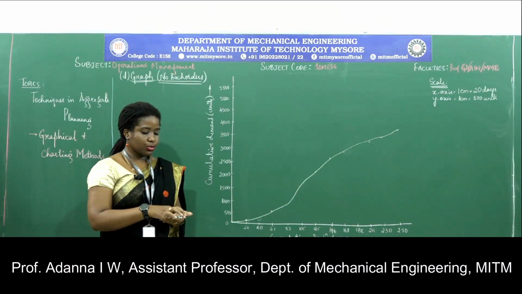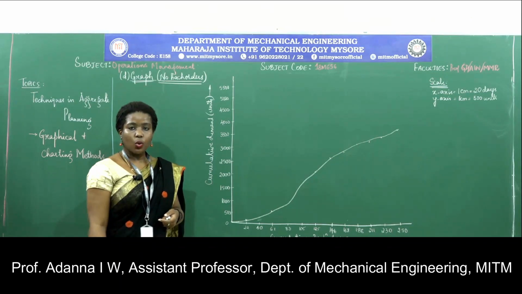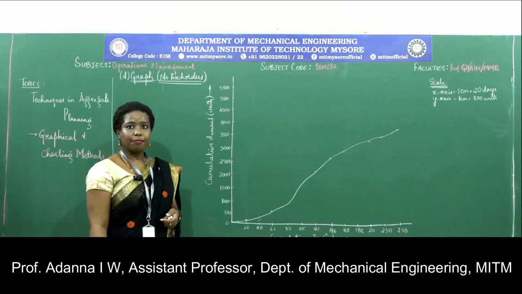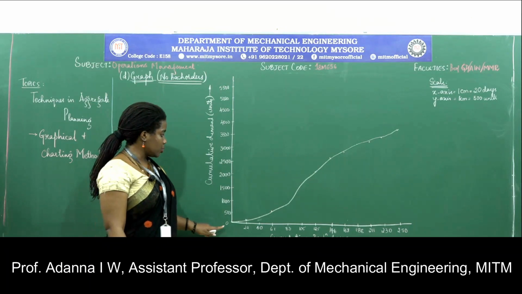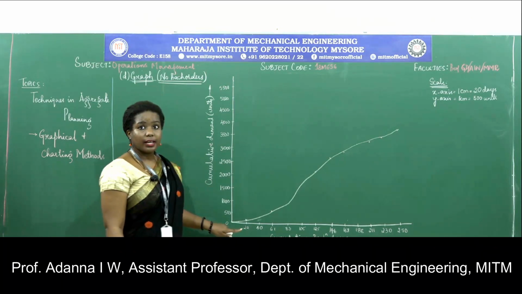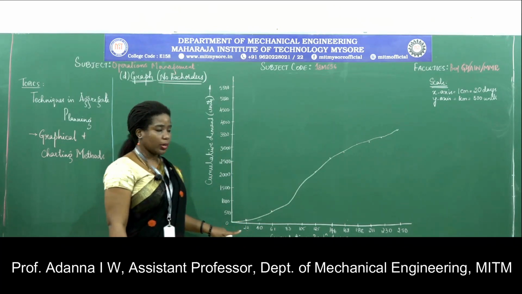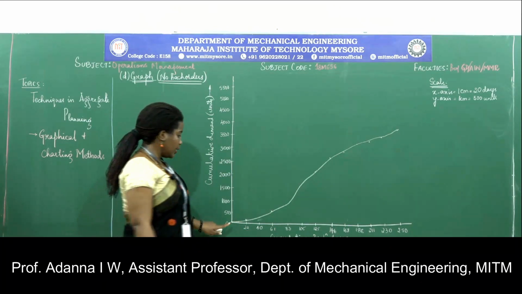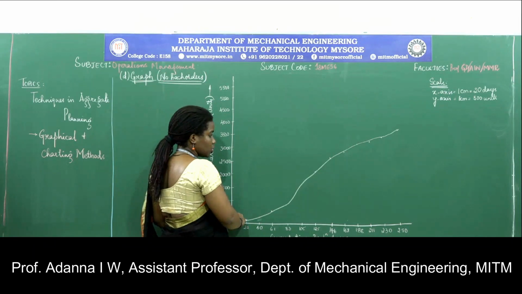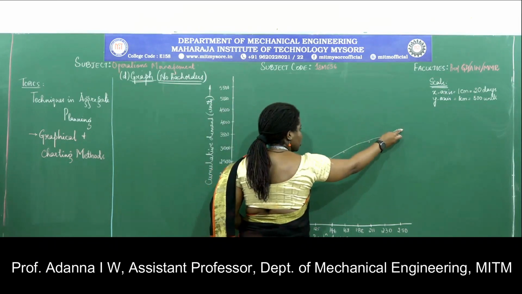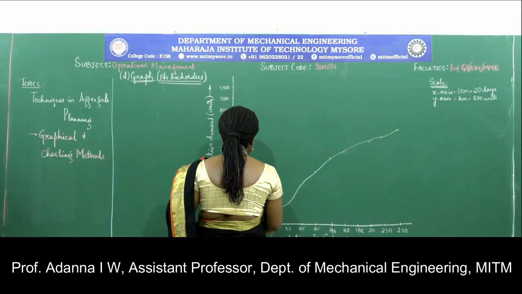The next thing that we're going to do is see what is going to happen if the production happens as a straight line. That is, no inventory surplus, we are not looking at that. I'm going to join the origin, that is the beginning of the production days, to the end of the production days with one straight line.